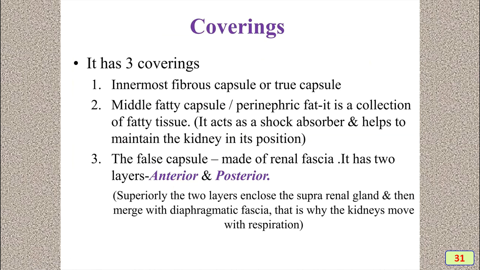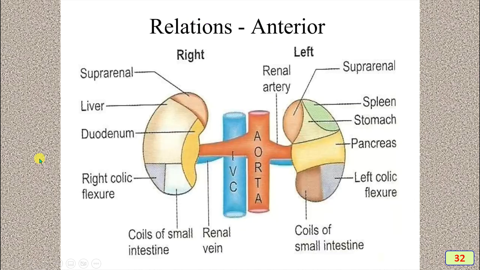It has three coverings: the innermost fibrous capsule or true capsule, the middle fatty capsule, and the perinephric fat, which is also a collection of fatty tissue. The false capsule is made up of renal fascia, which has two layers, anterior and posterior. Here you can correctly differentiate the suprarenal fat.